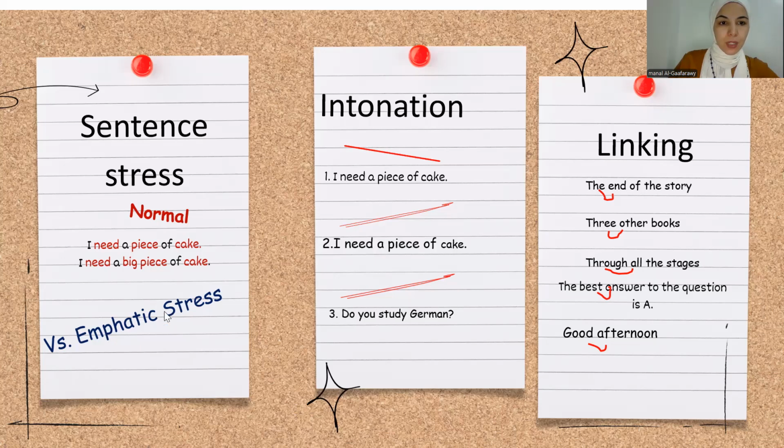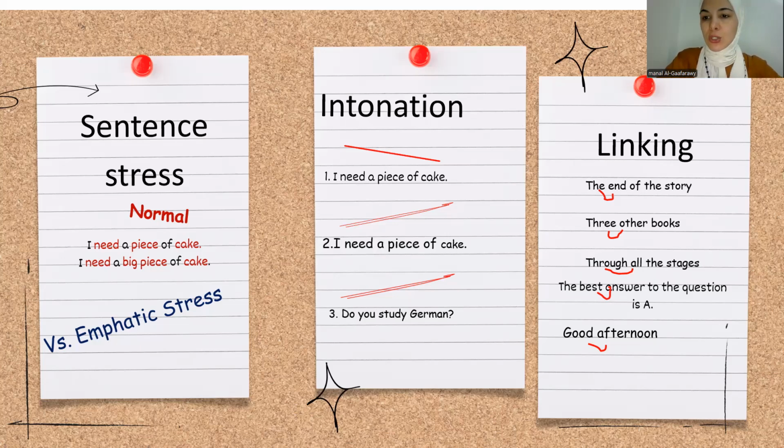So in this case, I'm emphasizing that I need a piece of cake, not anything else. Okay. The other feature is intonation. And intonation is the overall tone, melody, or music that you use to pronounce a sentence, whether you raise your voice or go down along the sentence.